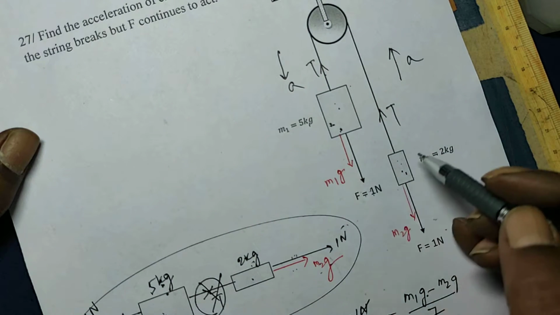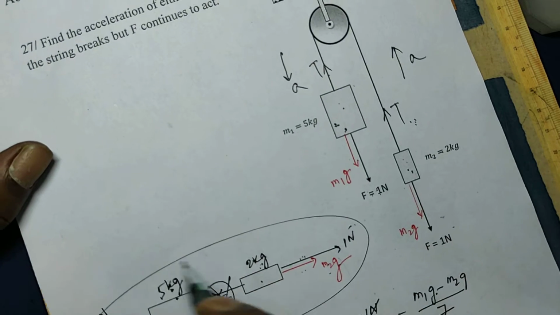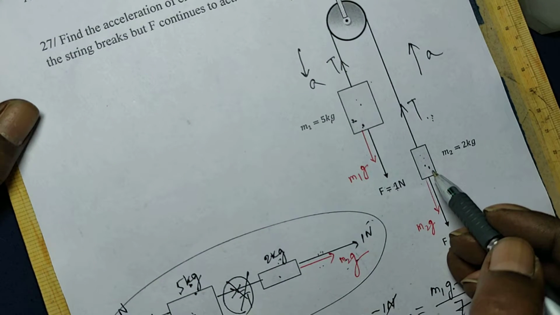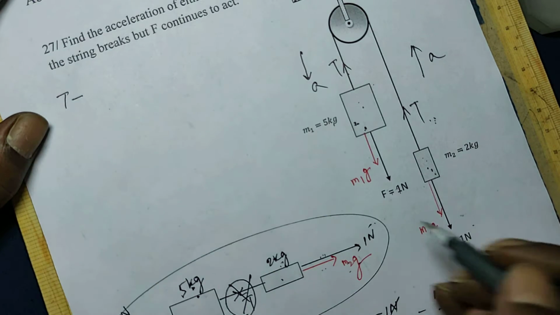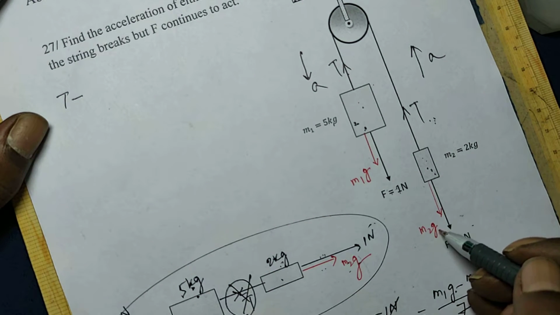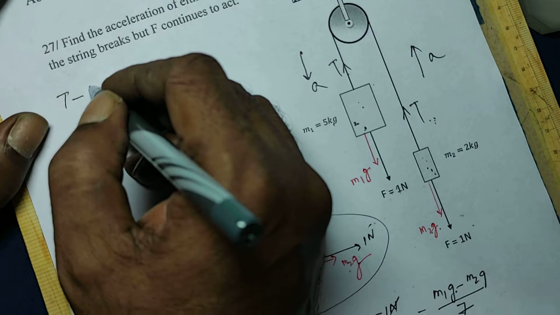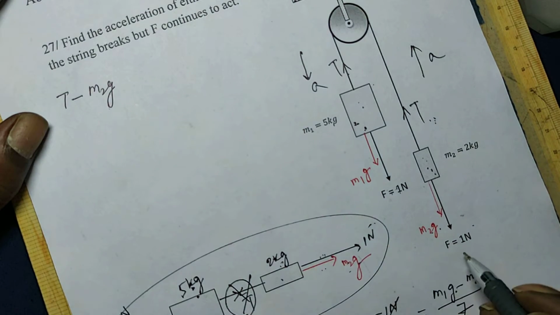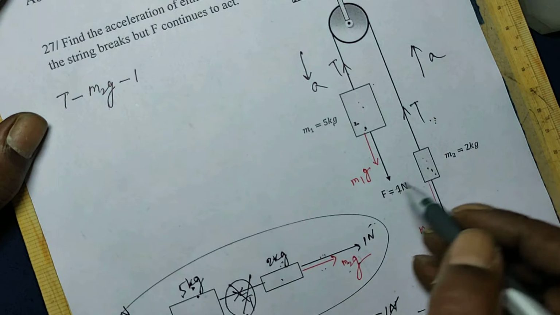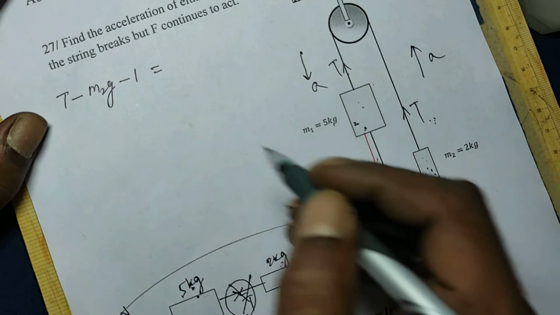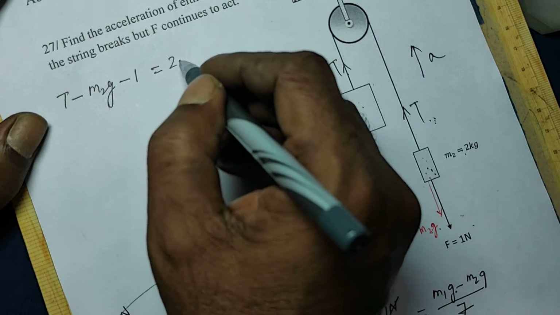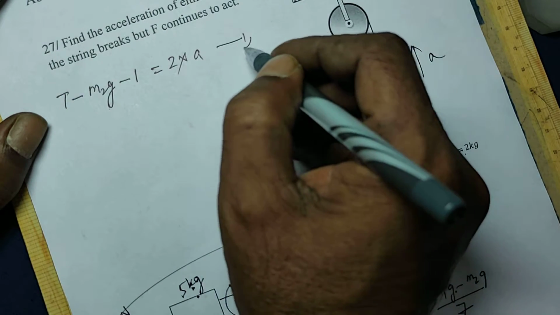this will come down. So for the mass M2 you write T, that is being opposed by M2G, minus 1 is the net force on this, that will be its mass, that is 2 times acceleration.